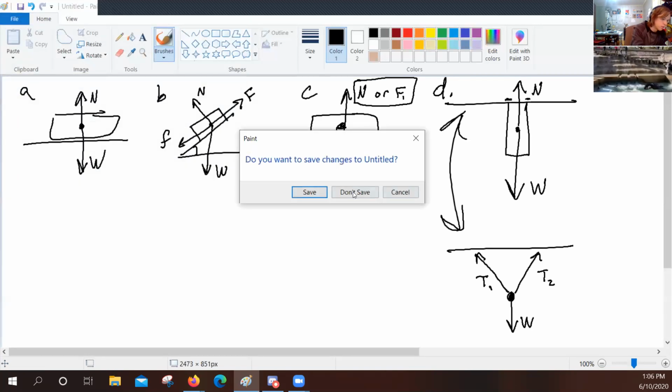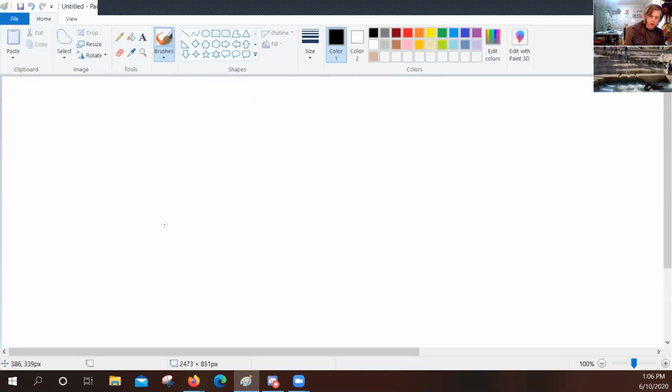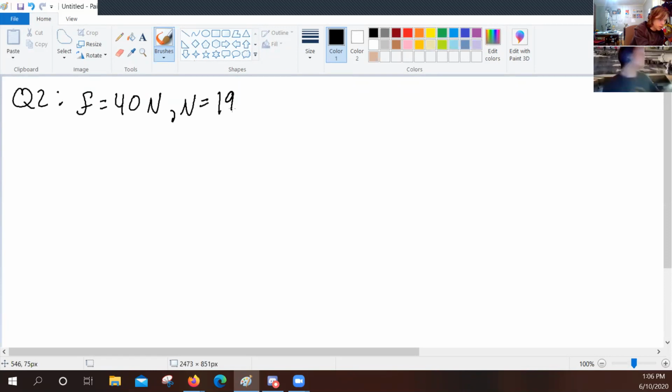And then we'll do a new thing here. Number 2, I'm not going to do all the math and stuff for it, but basically, Q2, the friction force equals 40 newtons, and the normal force equals 196 newtons. Q3, let's see, you were to find just both forces, yeah.